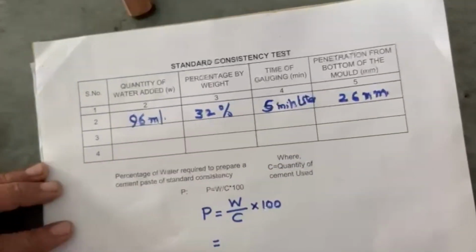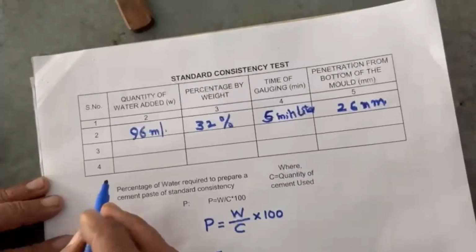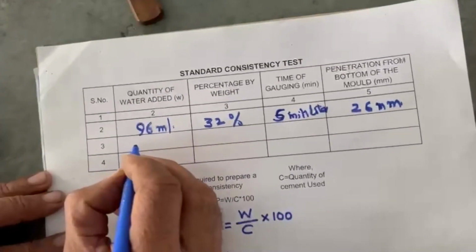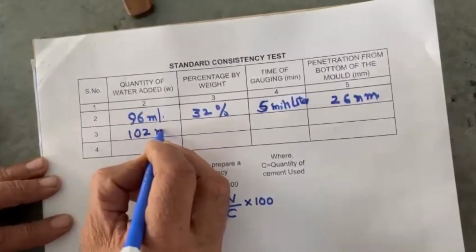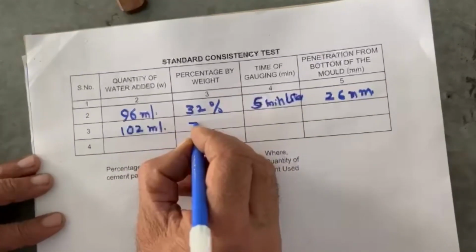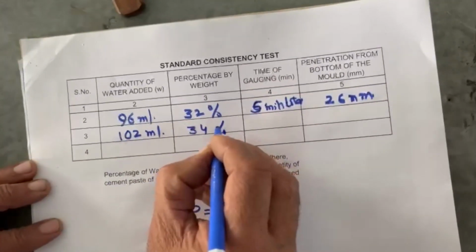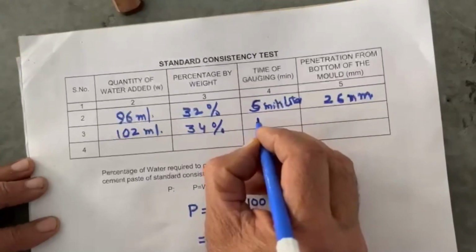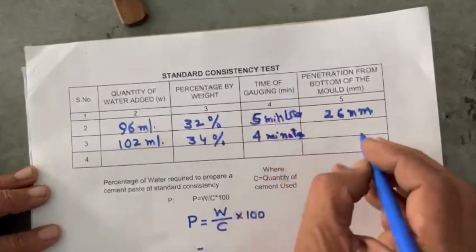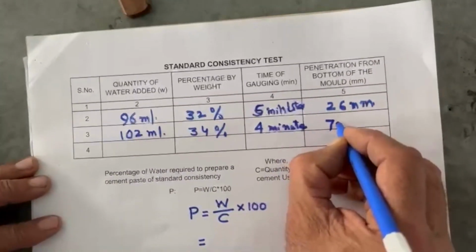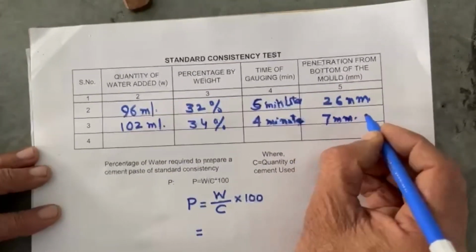In the second case, we repeated that. We added 102 ml of water, which was 34%, and this was completed in 4 minutes. This was 7 millimeter from the bottom of the mold.